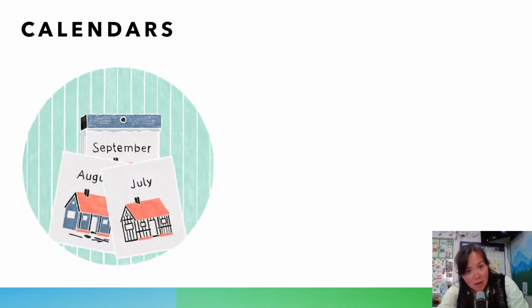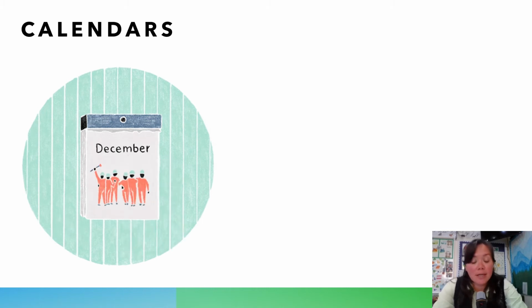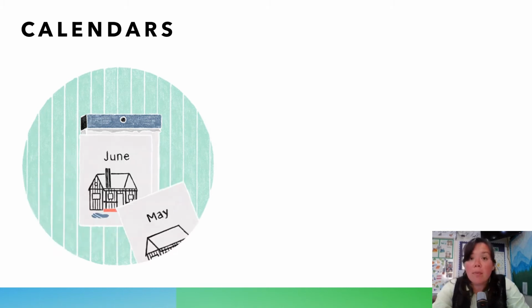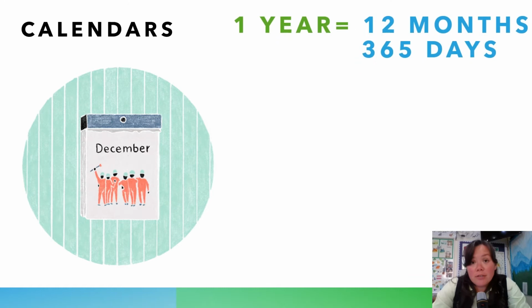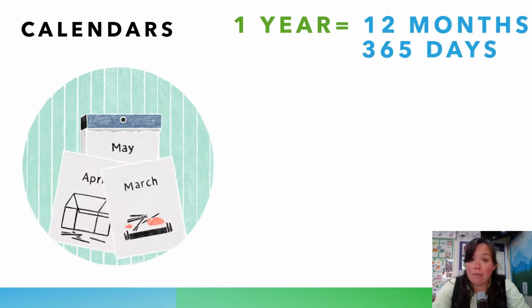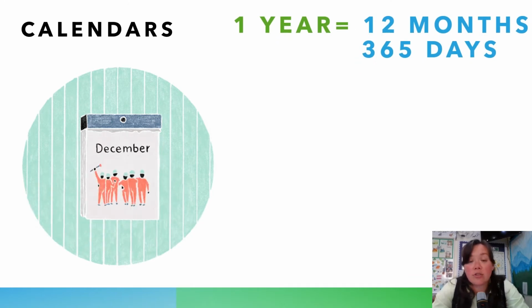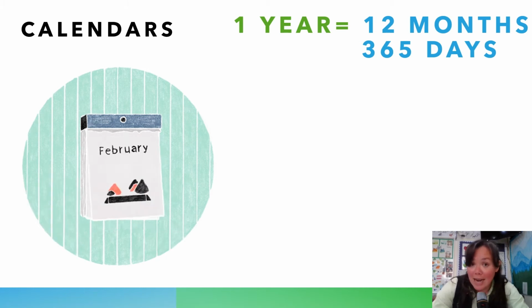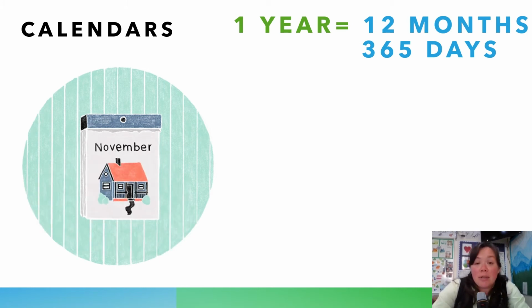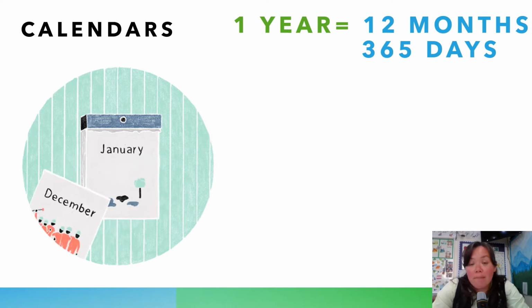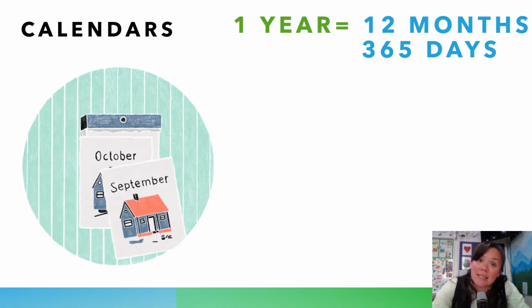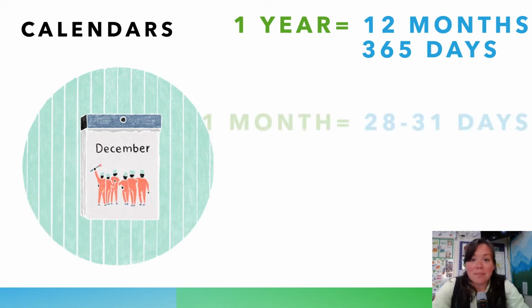So first of all, let me give you a few tips or facts that you should probably already know. First of all, 1 year has 12 months. It also has 365 days, except for leap year, which is this year, 2020. It has 366 days.